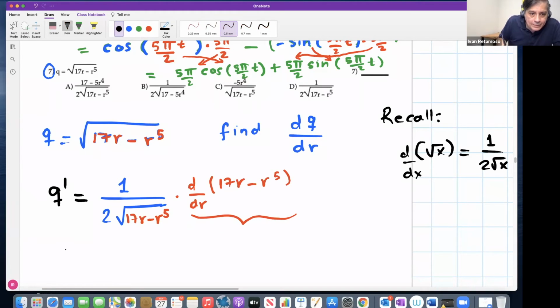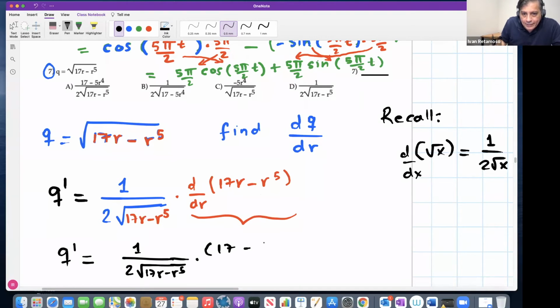Anybody could tell us or write it on the chat? 1 over twice square root of 17r minus r to the 5th power, times the derivative of 17r minus r to the 5th power, which is a polynomial function. Should be the derivative of this part, 17, minus 5 comes down, r raised to the 4th power.